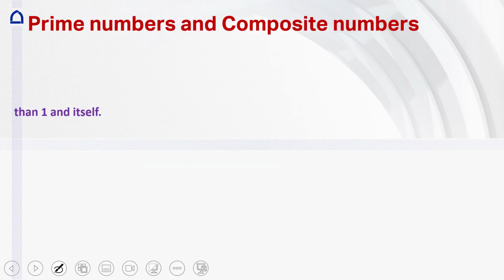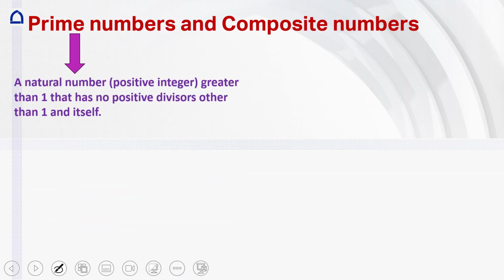Let's go for how to write any integer as a product of primes, starting from a composite number. What is the difference between a prime number and a composite number? A prime number, as we know, is only divided by itself and 1.